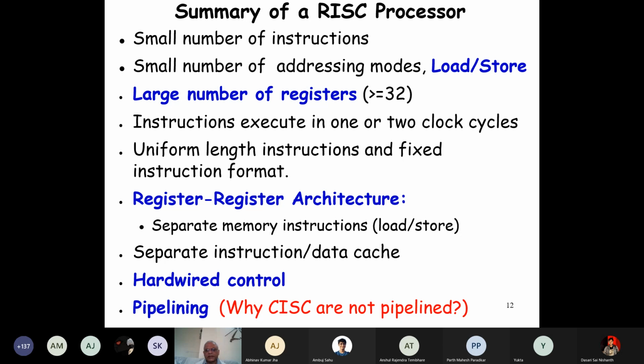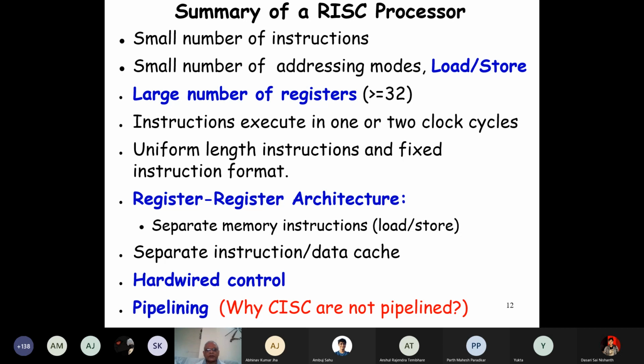So what Ambuj is saying is that, see, in the addressing mode, if you have a register operand, if you have 32 registers, to encode these 32 registers you need 5 bits. To encode 64, you need 6 bits. To encode 128, you need 7 bits. So the size of the instruction is increasing.